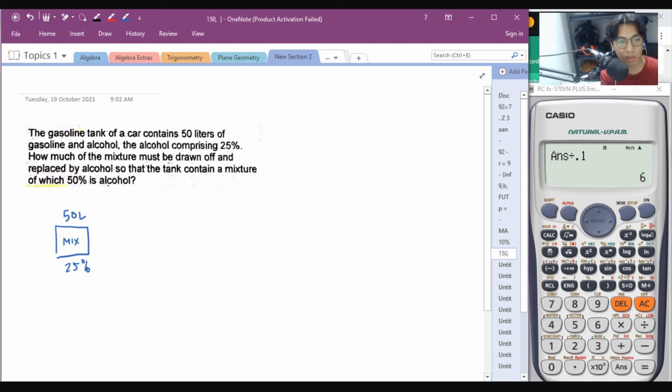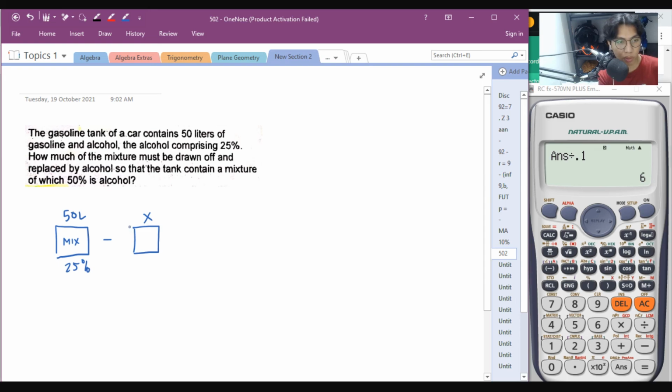How much of the mixture must be drawn off? Ibig sabihin, tatanggalin mo. Minus natin alcohol. How much? Hindi natin alam. Alcohol must be drawn off and replaced by alcohol so that the tank contains a mixture of 50% alcohol.